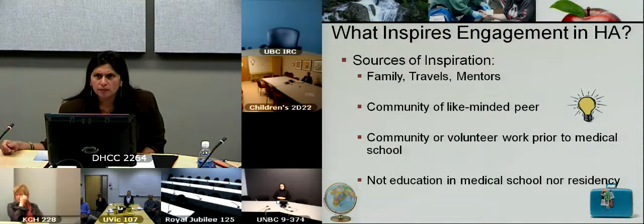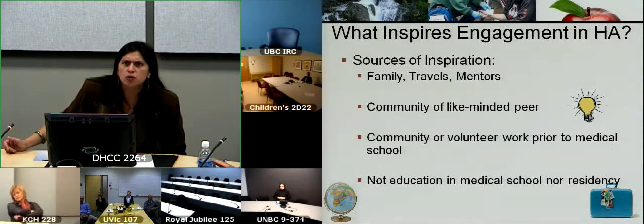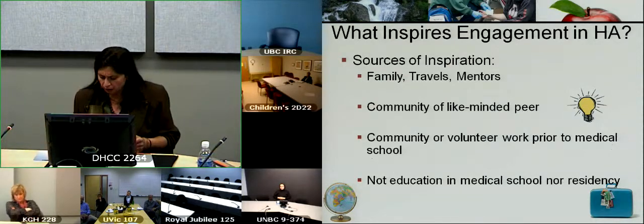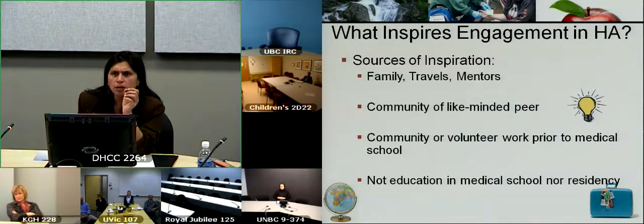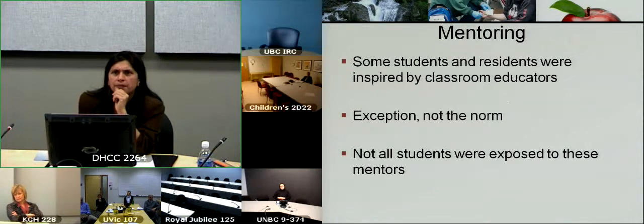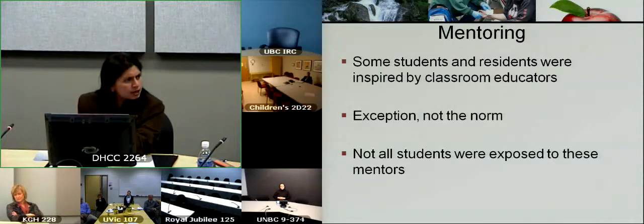And so we're looking at trying to find ways that would inspire residents within medical school, that builds on these kinds of experiences that they've already had. So we see some places where we can do that. So as I mentioned, mentoring is already an important place that we are seeing that we could put some attention.